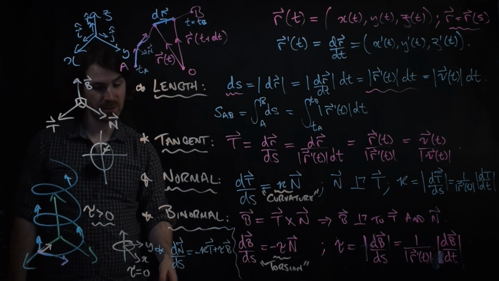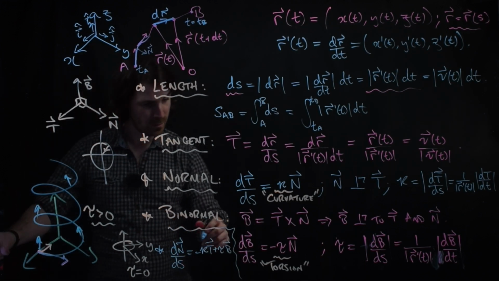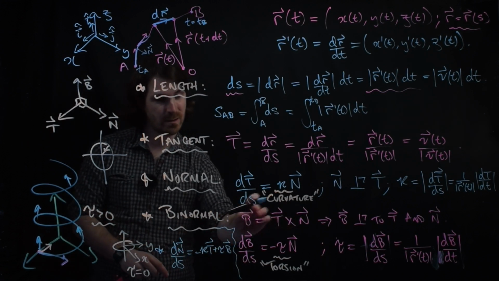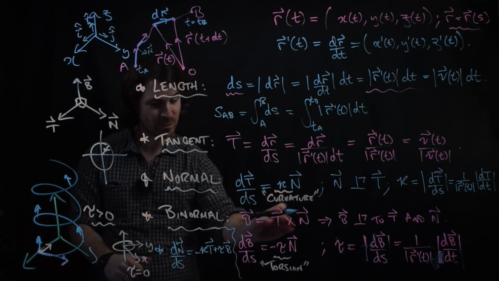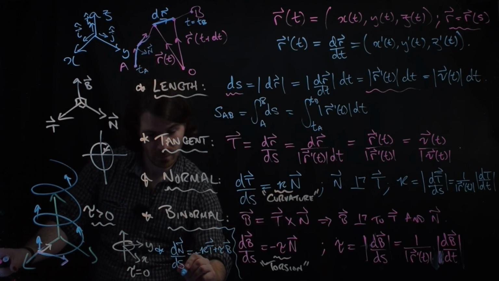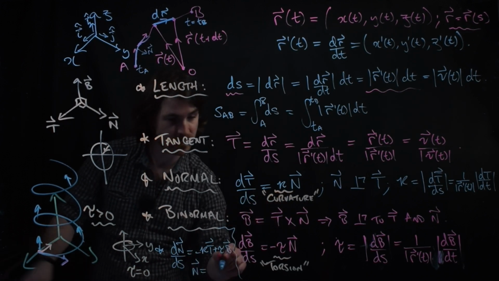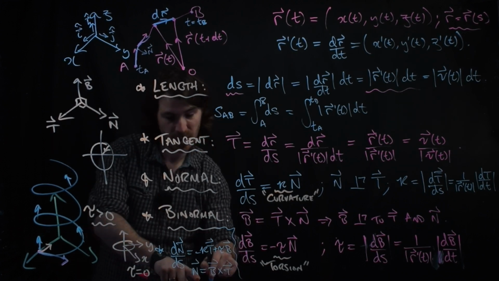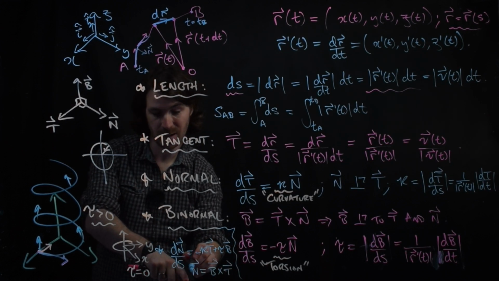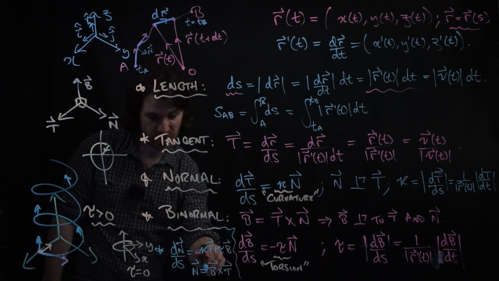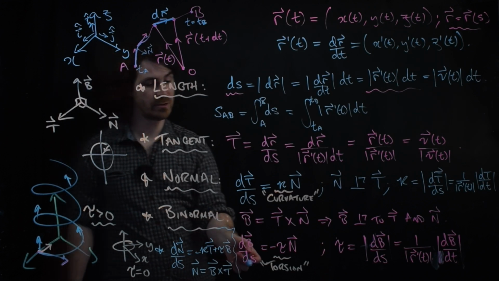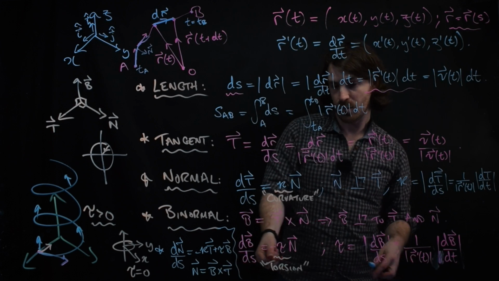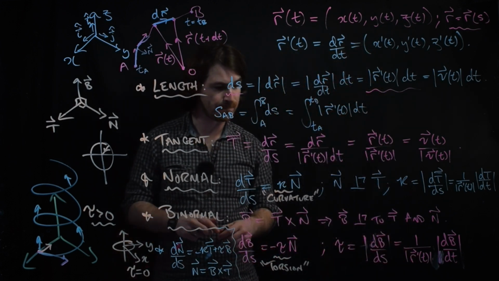I'll leave that as an exercise for you to work out. If B equals T cross N, then this cyclically permutes, so we can write N equals B cross T. You just do dN by ds on this, so you've got d by ds of B cross T, and you follow the steps that we went through to get dB by ds.